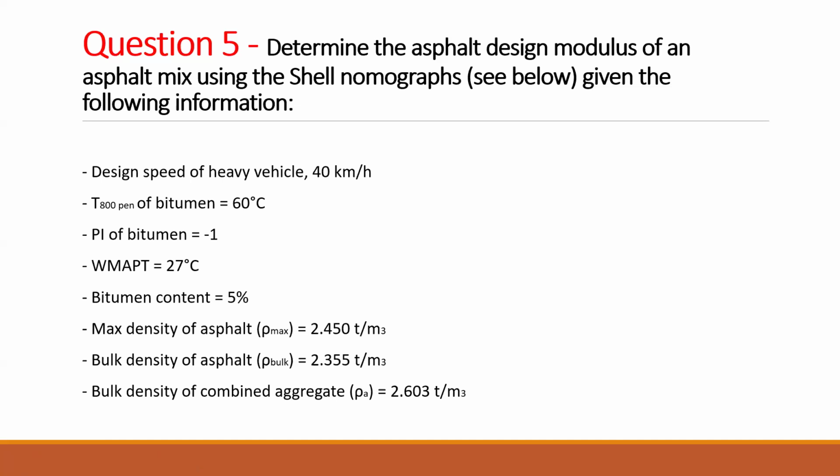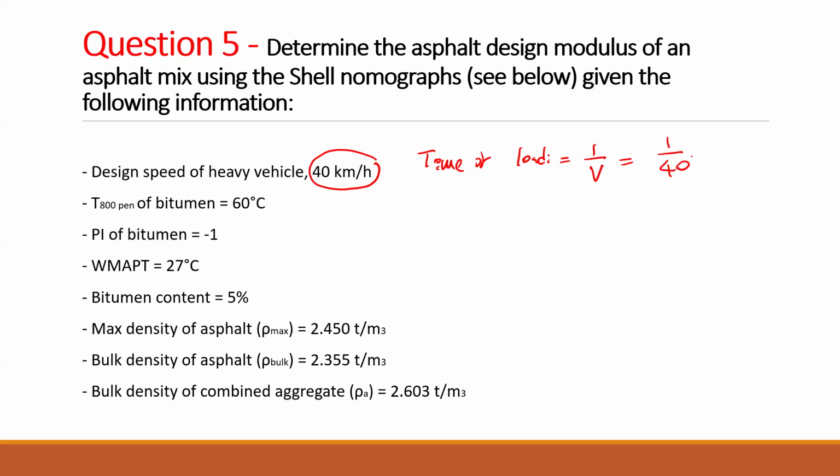Okay, now let's see the rest of the things. Time of loading. Time of loading means 1 over the speed. So time of loading is equal to 1 over the velocity. So can you guys find me this one? Because we need to know the time of loading.